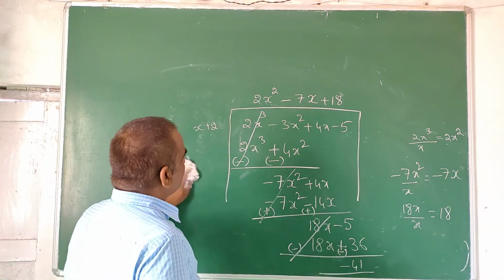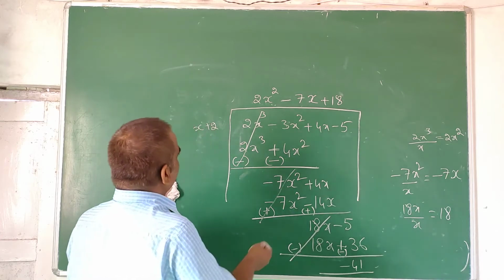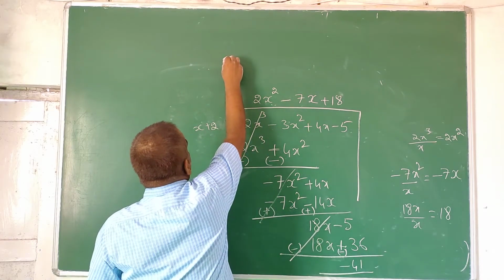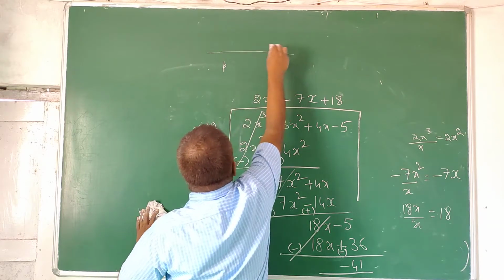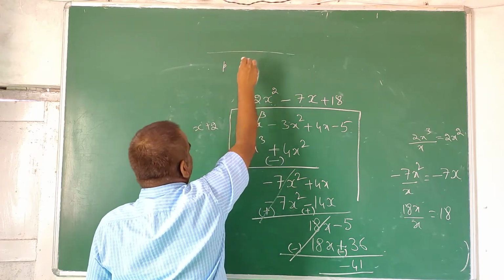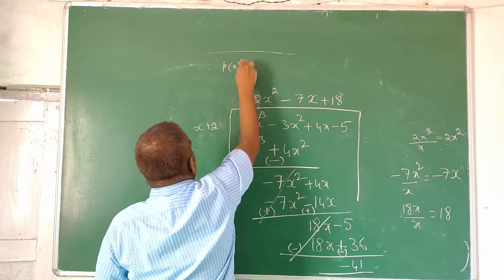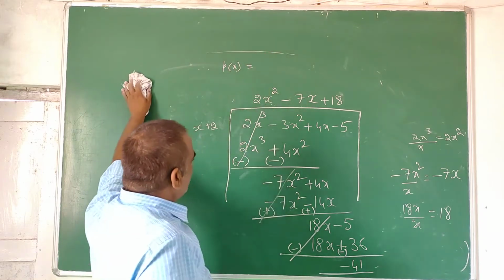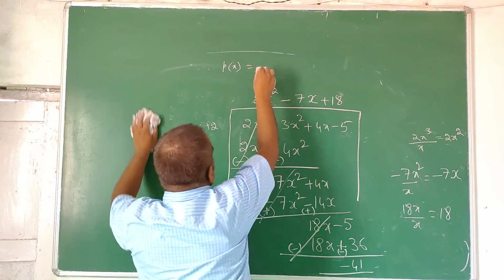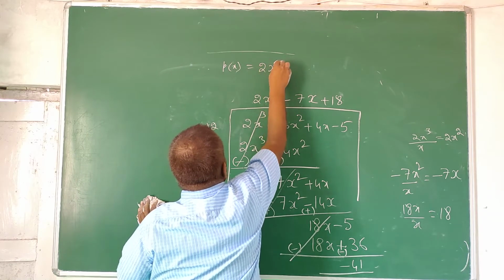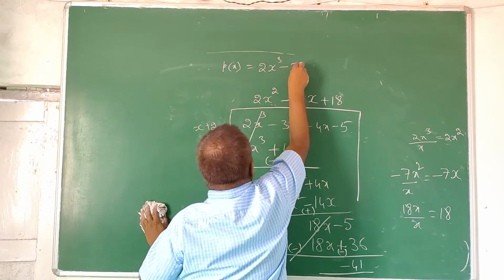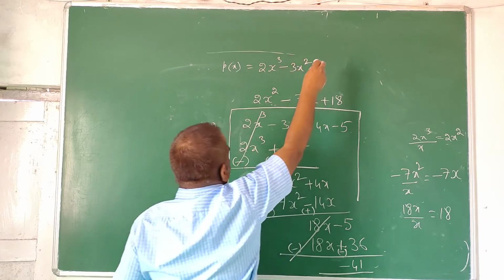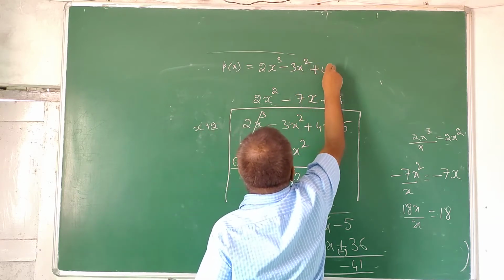So now let us take all this. Now whatever we took, let us take now P of x, because we have to verify division algorithm. So for verifying division algorithm, take all P of x, etc. So here P of x is 2x cube minus 3x square plus 4x minus 5.